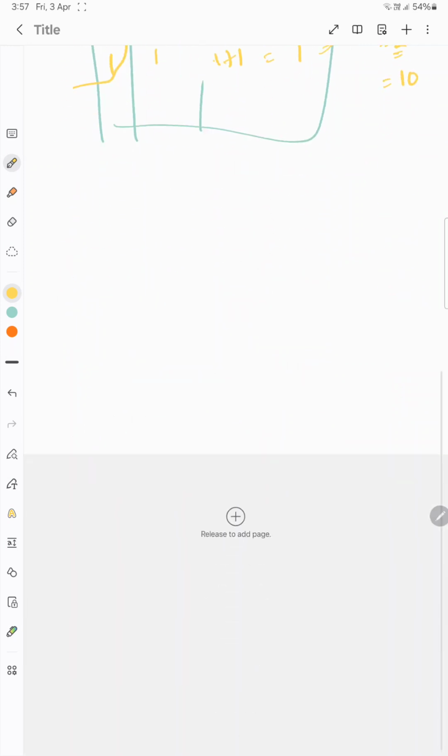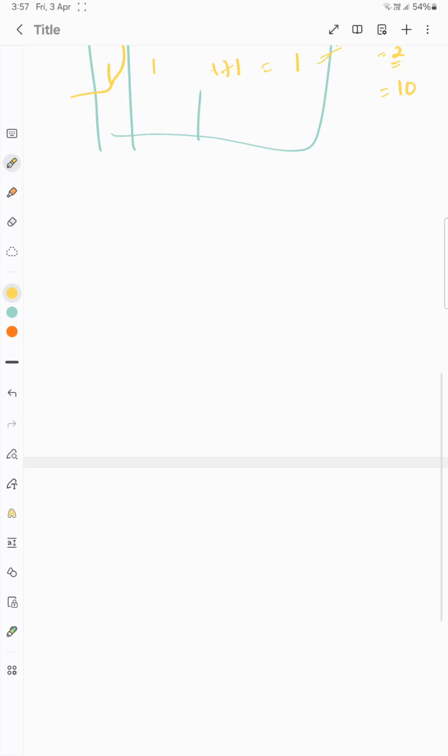Next, ORing, adding, is happening. Now multiplication, that is the AND gate. The third gate is the AND gate.